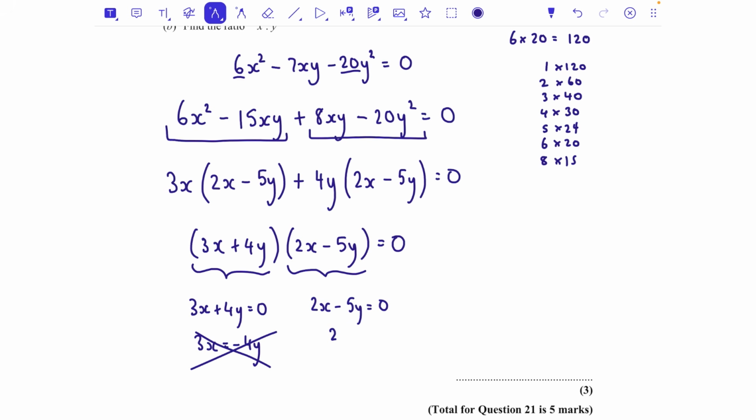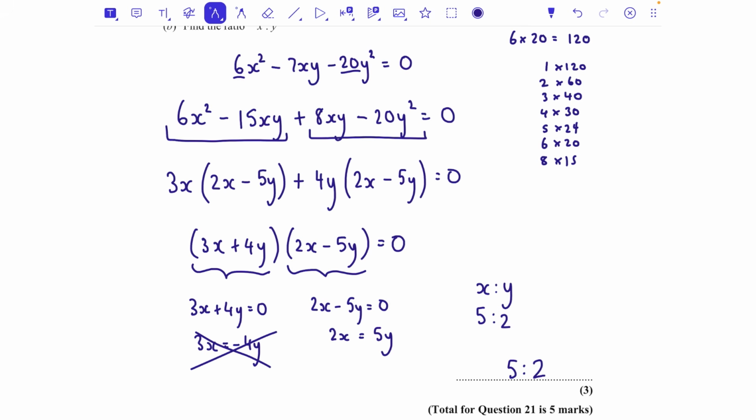However, if I add 5y to both sides, 2x equals 5y, and so everything's nice and positive here, that's all good. And so just like we did with part A, if I know that 2x's is equal to 5y's, then x to y, that ratio would be 5 to 2. And so 5 to 2 is the answer that we're looking for here for 3 marks.